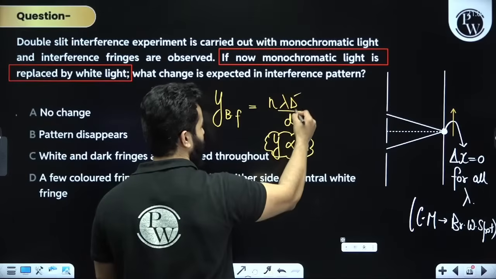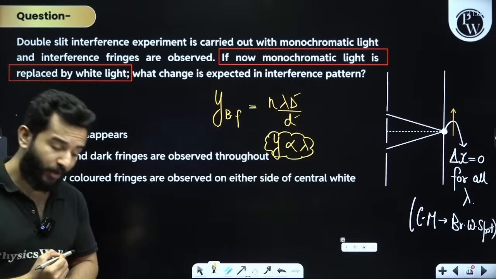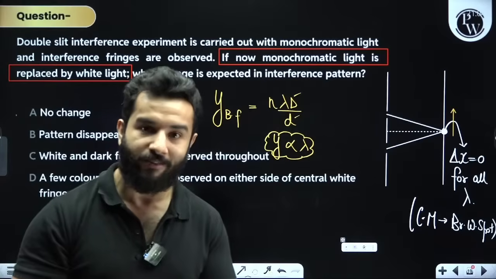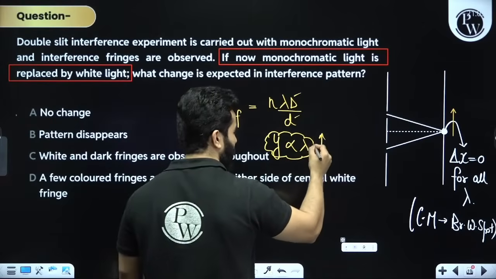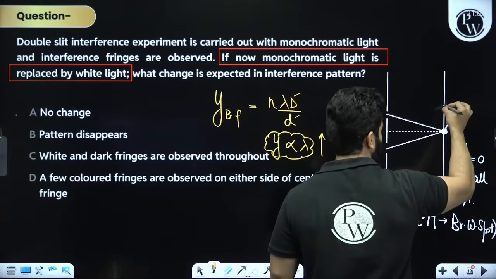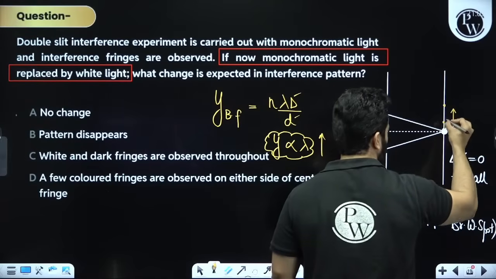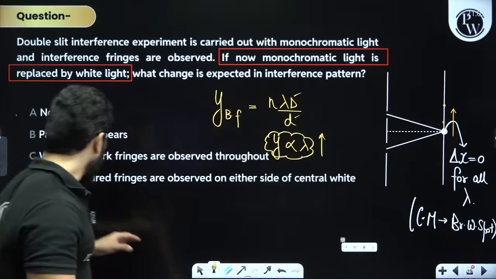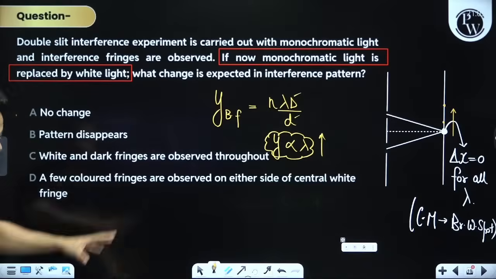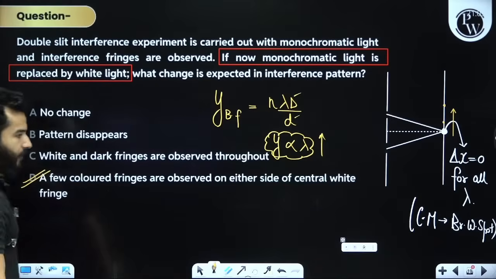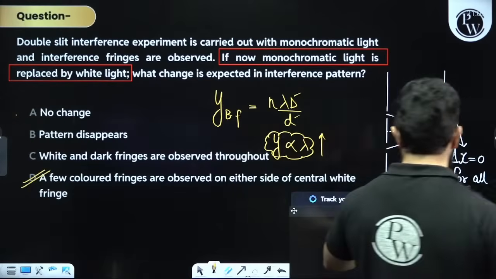Capital D and small d are the same, and different colors of light have different wavelength. So the light which has maximum wavelength, that is red, will be farthest, and the nearest will be violet. So they will spread out. So the answer will be a few colored fringes are observed on either side of the central bright fringe. D is correct.